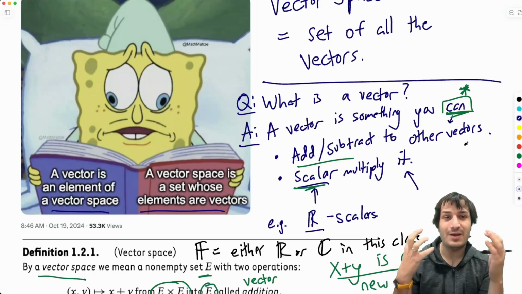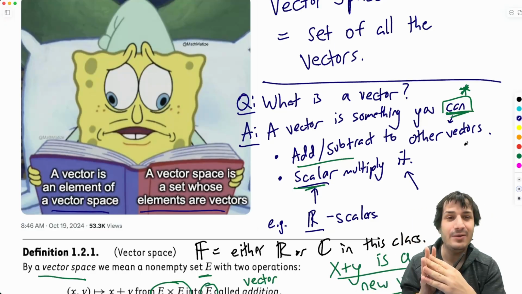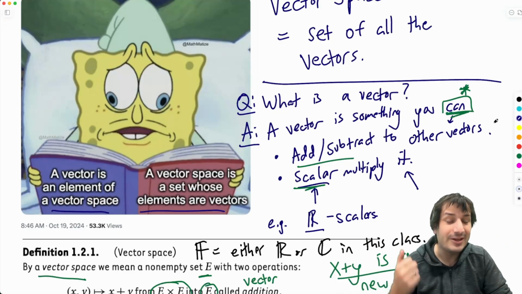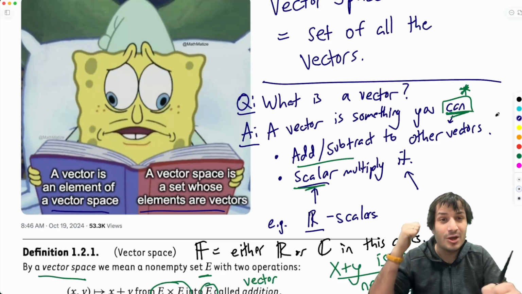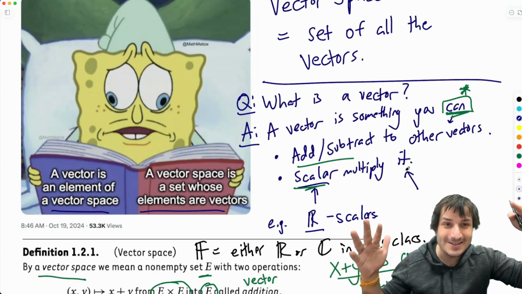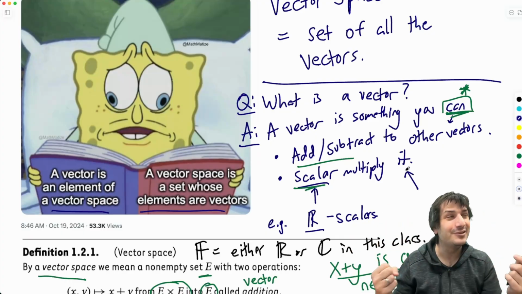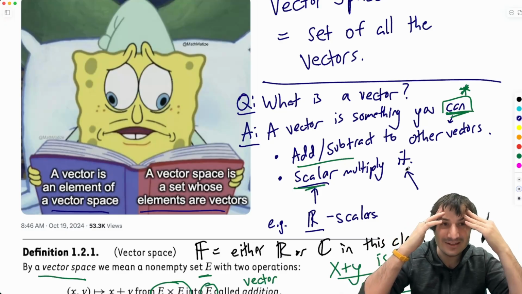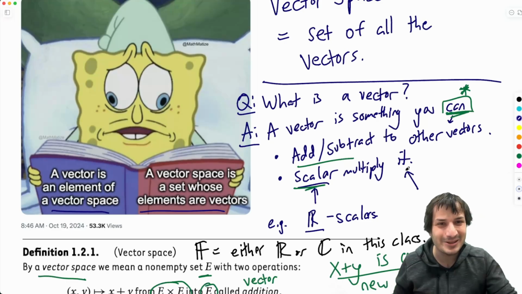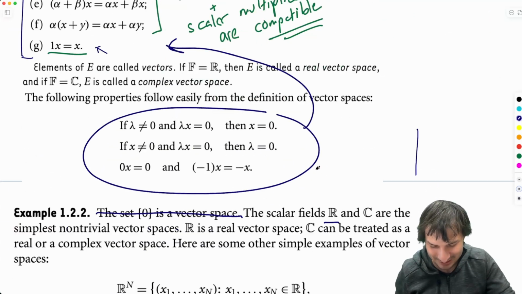So if we're thinking of vectors as R, can we add and subtract elements of R, real numbers, to each other? Well, yeah, we can. So R is good for adding and subtracting. With R, you can also scalar multiply. But the thing you're scalar multiplying with is R itself. So now you have to keep R in your head twice. R is the vectors, but also the scalars. And that's a little bit confusing. So I don't like this example either. So I'm going to cross this one out as well.